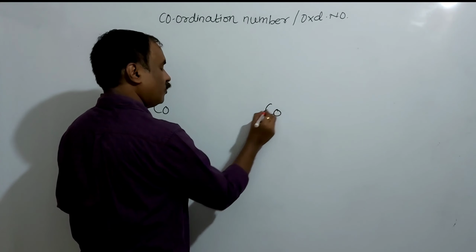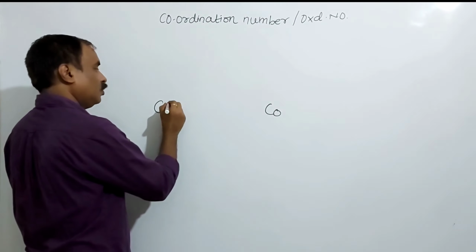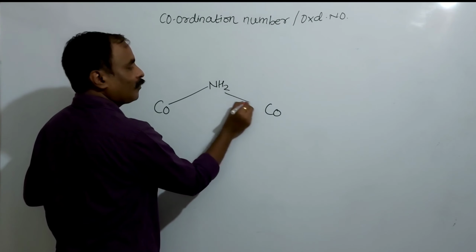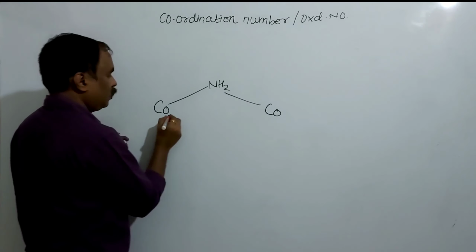Here it is cobalt, NH2, here OH, NH3 4 times, here also NH3 4 times.